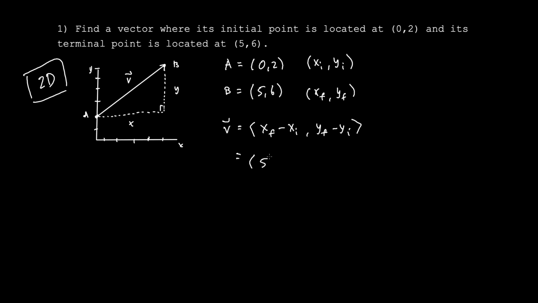So x final, which is 5, which is part of point B, minus x initial, which is 0, part of point A. We have y final, which is part of point B, minus y initial, which is part of point A. And if we simplify, we get the vector 5, 4. And this vector represents the change between point A and point B.